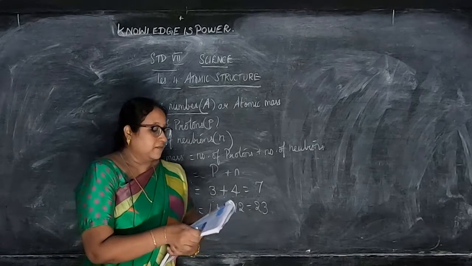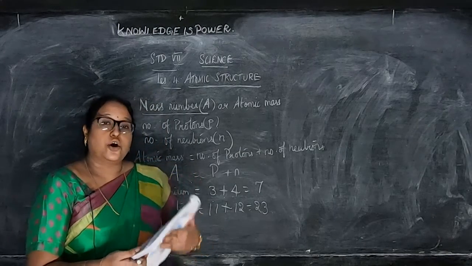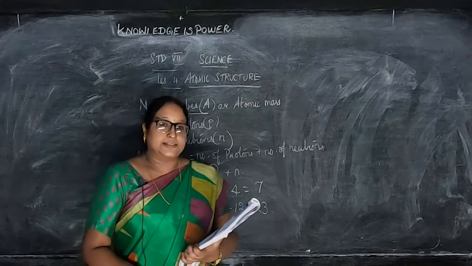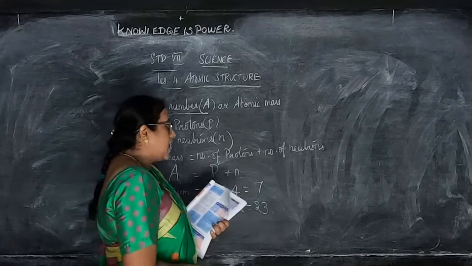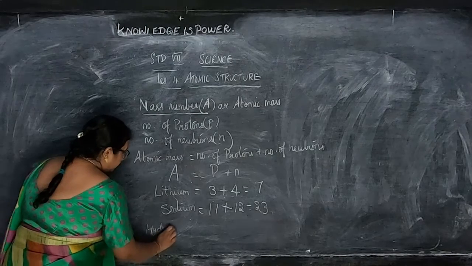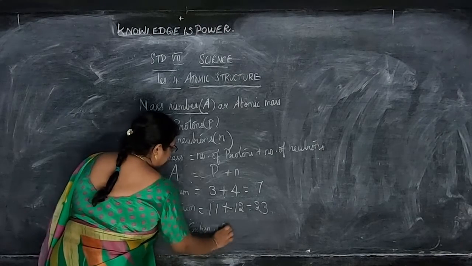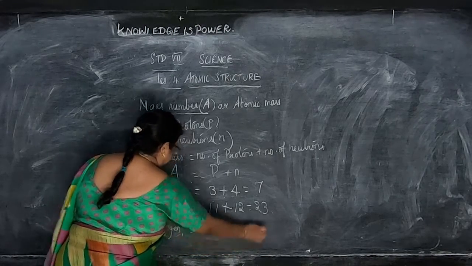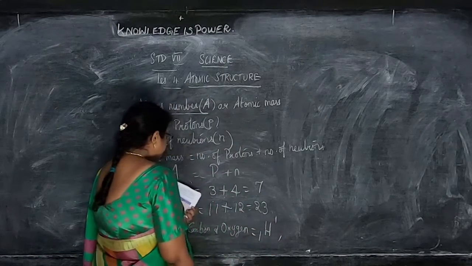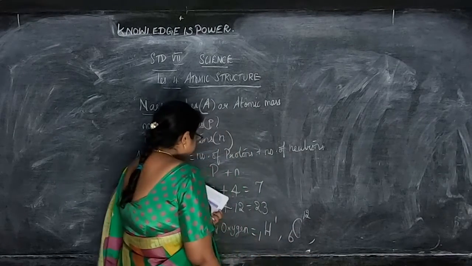Now, while writing the symbol of an element, its atomic number and mass number are also written. For example, the symbols of hydrogen, carbon and oxygen are written as 1H1 for hydrogen, 6C12 for carbon, and 8O16 for oxygen.